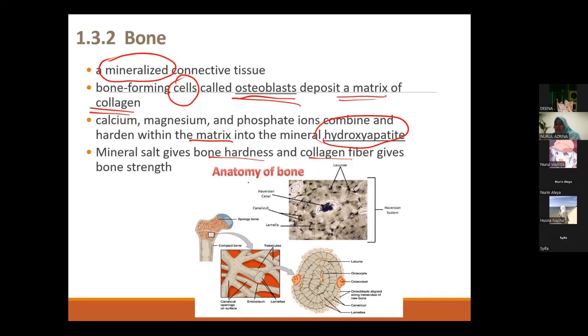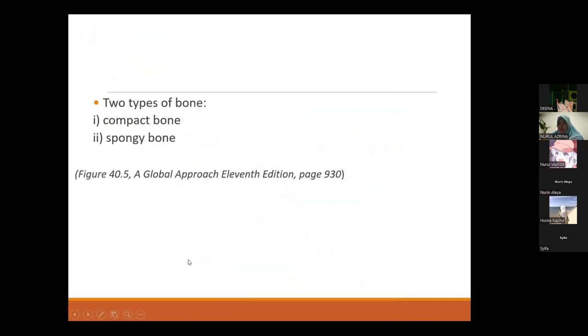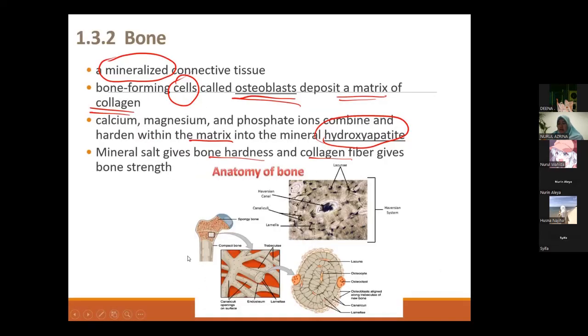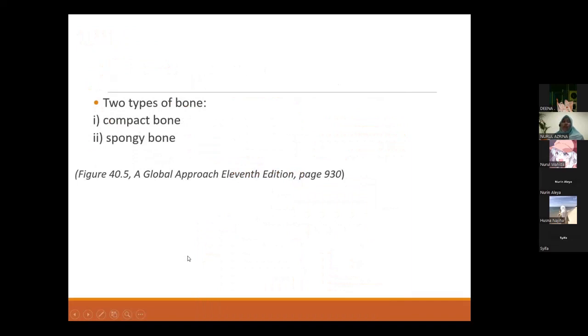I'm going to show you another picture. There are two types of bone: compact bone and spongy bone. Compact bone is the dense part of the bone, and spongy bone is the part of the bone with cavities. Spongy doesn't mean it is a sponge that you can squeeze.